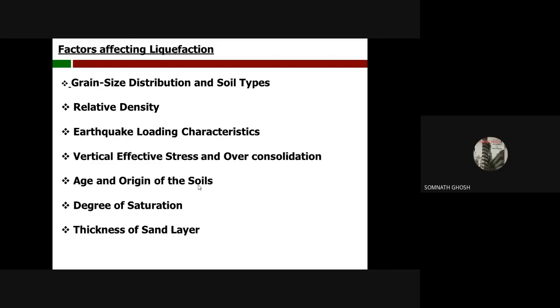So that is why these loading characteristics are very important. Then vertical effective stress and over-consolidation, age and origin of soils, degree of saturation, thickness of sand layer. Sand layer means sandy soil layer, not sand only, sandy soil layer. Predominantly sand.